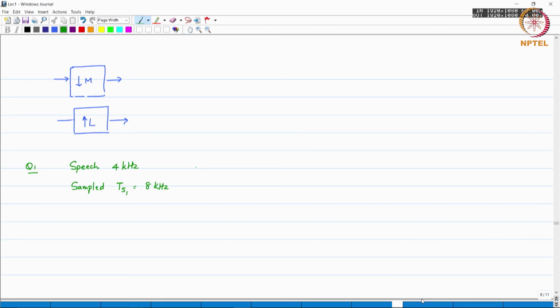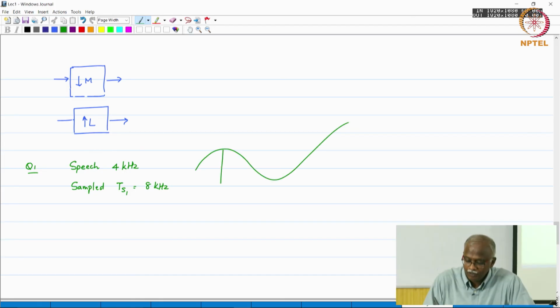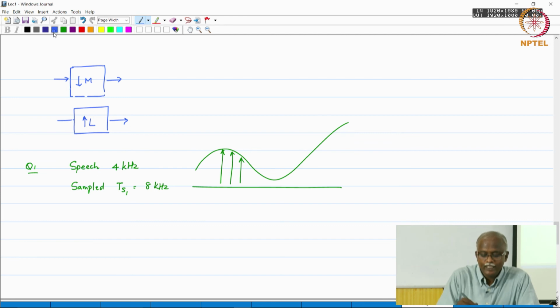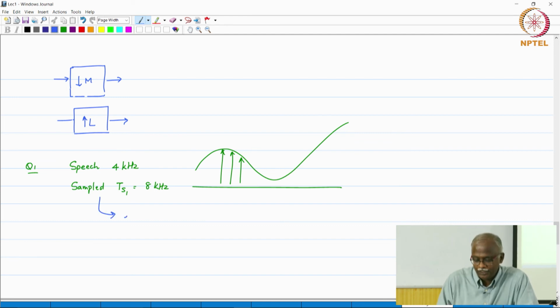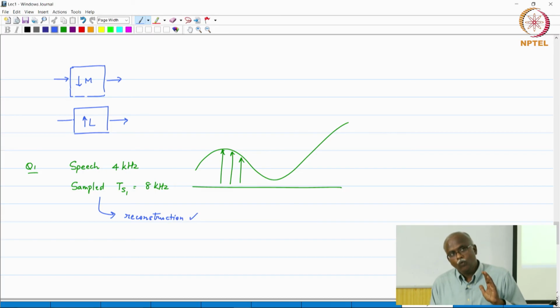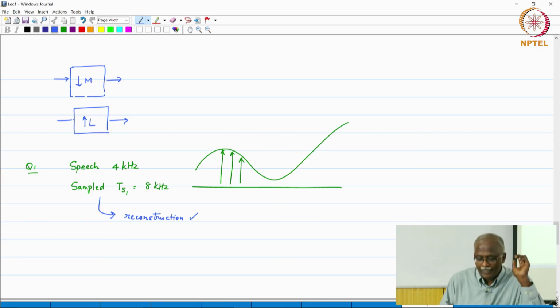So, in other words, there is speech which I have sampled at 8 kilohertz. This basically tells me that I should be able to reconstruct with high fidelity. Reconstruction possible, yes.